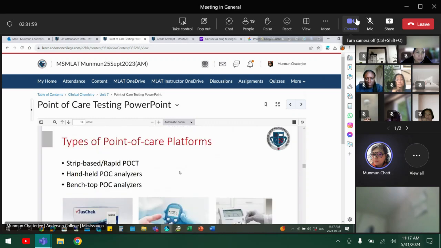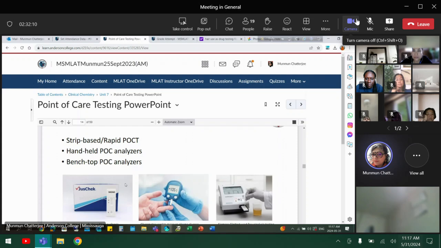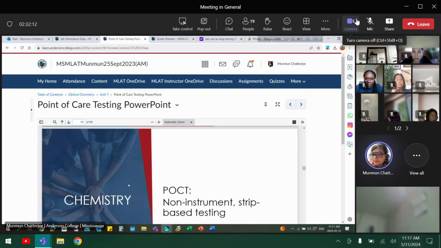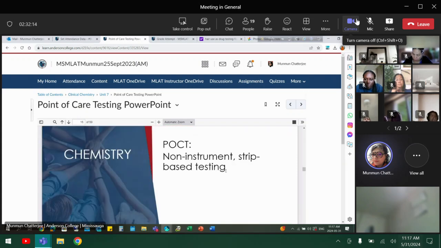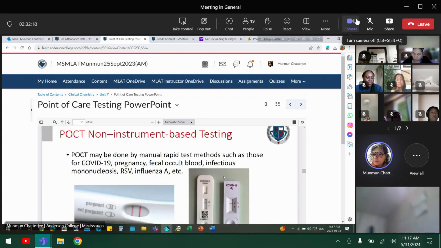Okay, so types of point of care platform: strip-based, called rapid POCT, handheld POC analyzer, and benchtop POC analyzer. POCT non-instrument, strip-based: you don't need any instrument, just the strip, like pregnancy and glucose.